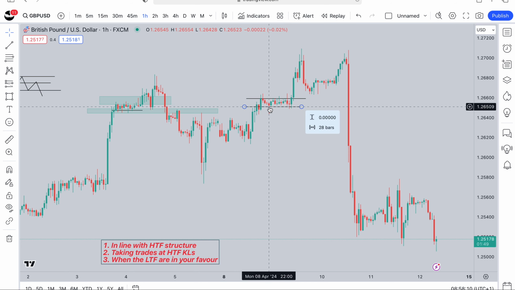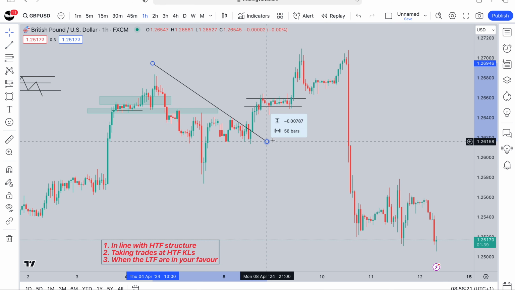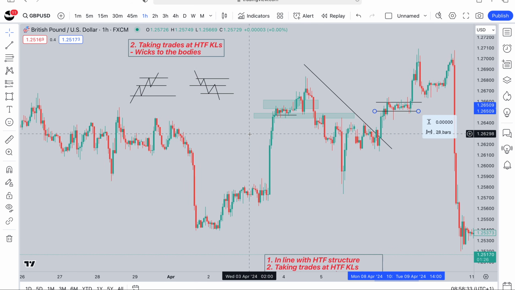Even though we're taking a trade around this key level, we're not going against the trend. We can see the price is breaking levels, and for whatever reason, you've ascertained that this is now an uptrend. So if you don't get the trade at this key level, you might want to take the trade there, and that's absolutely fine as well. It's completely up to you, but ideally, you want to take the trade in and around that key level.